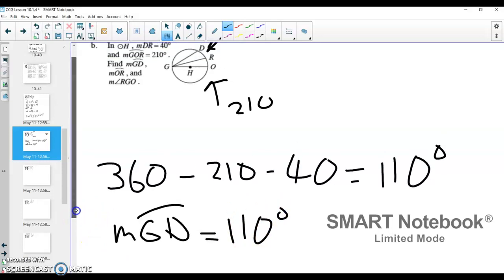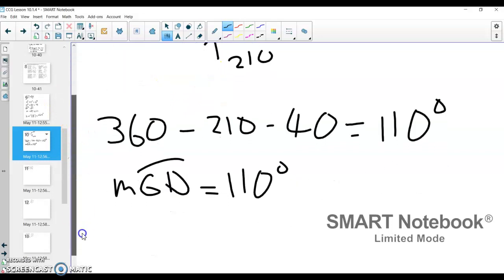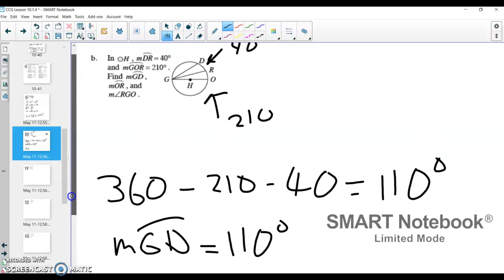Okay. The next part is we want to find the measure of OR. Well, the nice thing about this problem is that we know that GOR, that major arc, is 210. So they have 210 degrees in GOR. And another nice thing is that you can tell that GO here is a diameter, which means this measure here from G to O is 180 degrees.